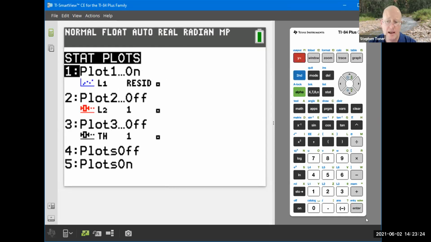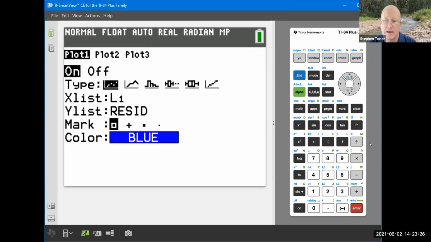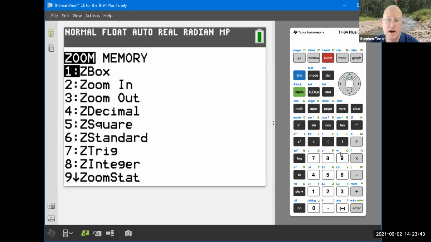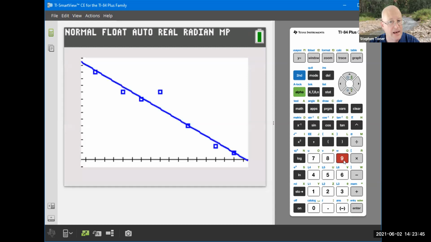Odds are everything's exactly as you need them, but for me, I realize, uh-oh, I never changed my second list to list 2. I left residuals there from the second problem we did in the last video. So now I've got the right values here, and I'm going to hit zoom 9, which is zoom stat, and out comes the graph that I showed you a moment ago.